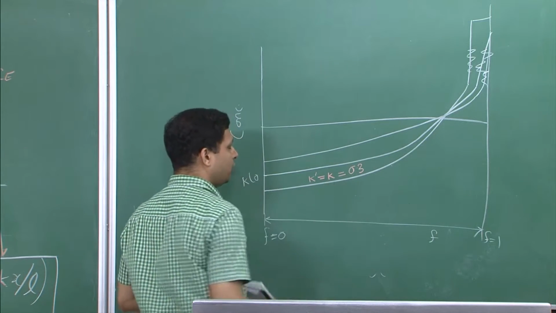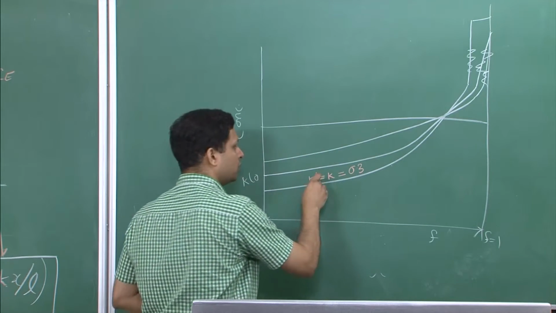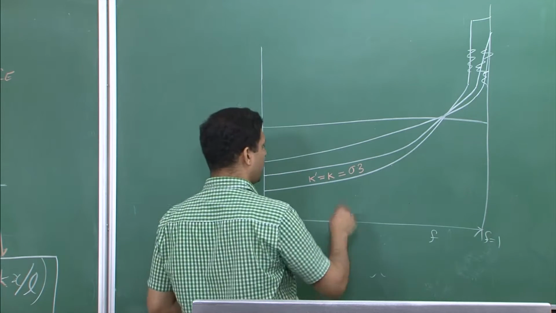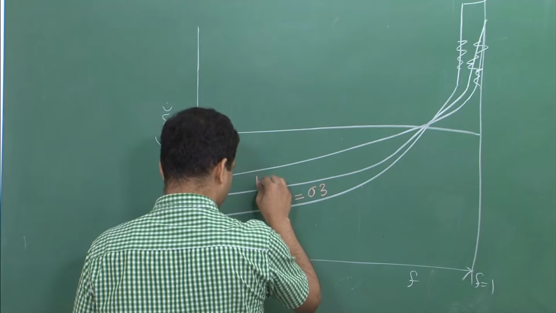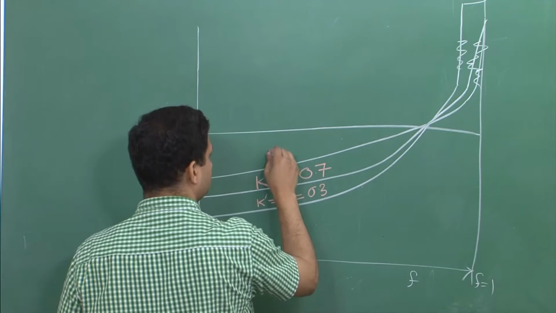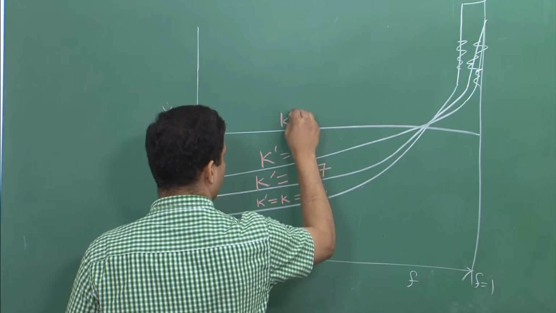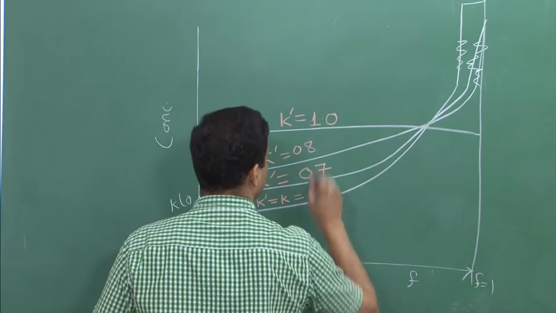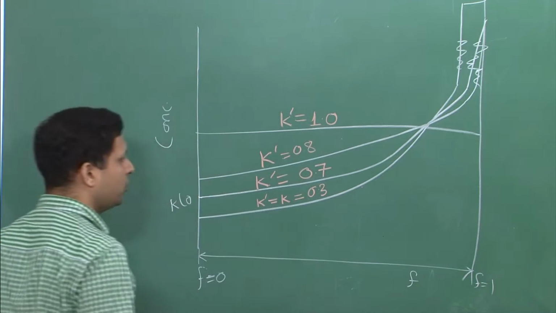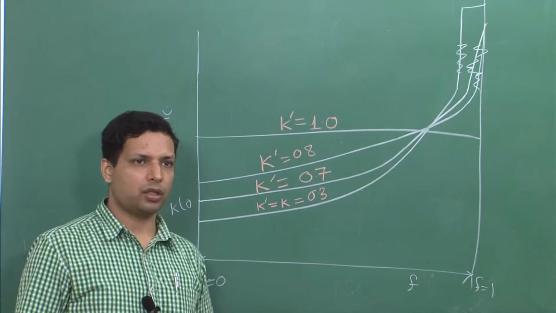So let us say the actual K value was 0.3. When you have very high amount of convection, the K prime may reach equal to K equal to 0.3. So depending on what the K effective value is, you may get different kind of distribution or solute concentration plot.